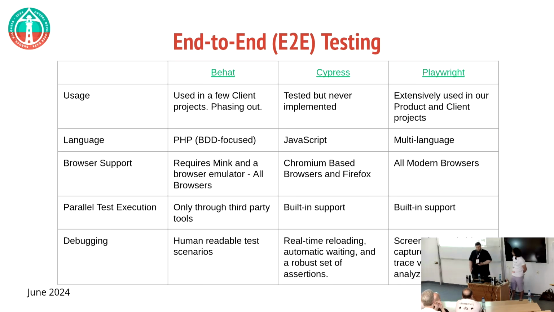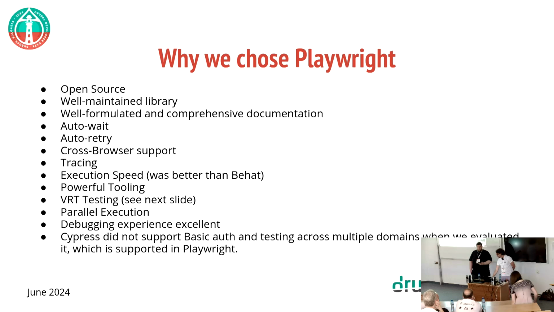So we evaluated that last year. Cypress was definitely in the running. But in the end, we went with Playwright, because we were able to do multi-language support. We were able to look at all browsers. And there were just a lot of tools that Playwright brought. And actually, Playwright also was faster. So when we look at it, it's open source, well-maintained.